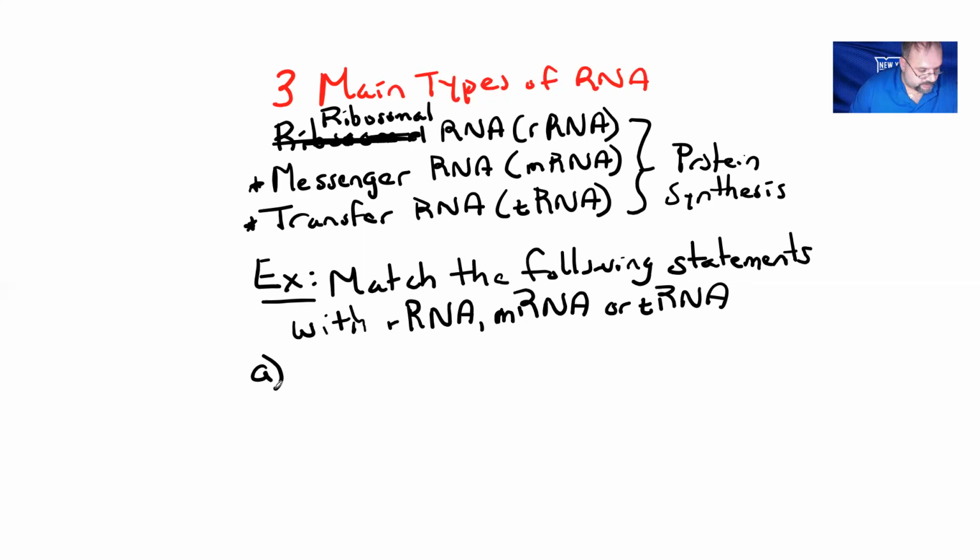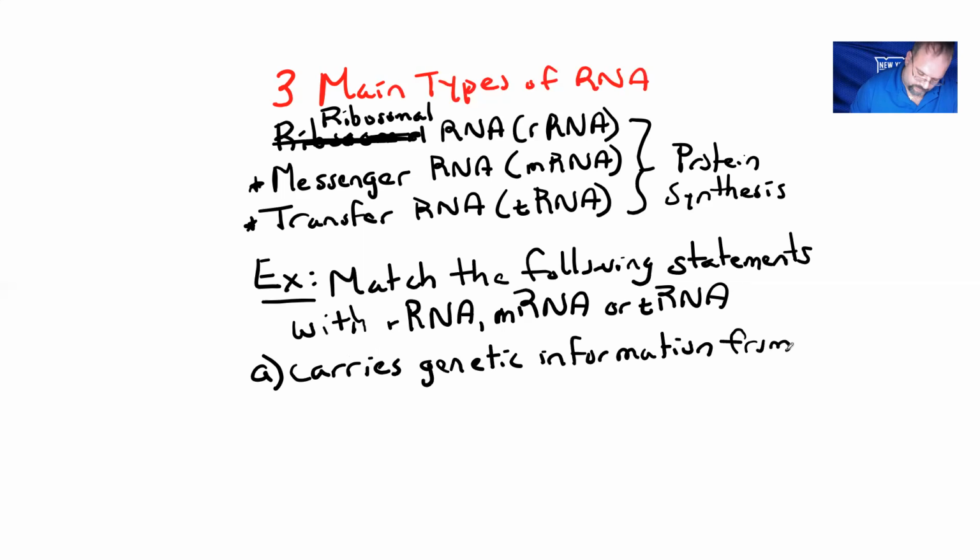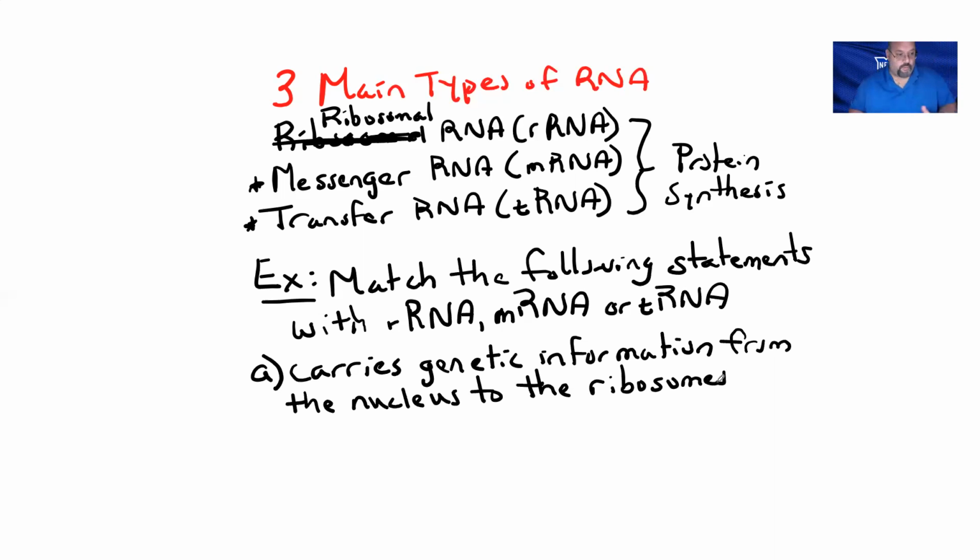So letter A: carries genetic information from the nucleus to the ribosomes for protein synthesis.